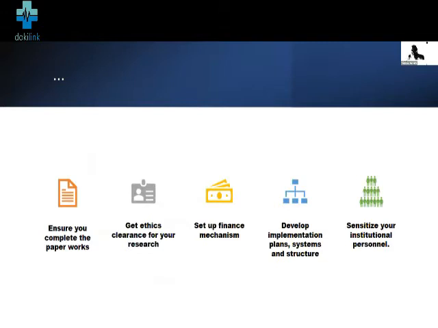You also need to get ethics clearance if you hadn't gotten that before the research. It is so important to set up a finance mechanism. Don't assume that because it is money, you know how to spend it. There are so many things that go into the award, the direct costs, the indirect costs.